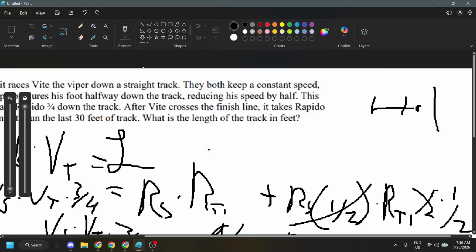When they cross, we know two things. We know the distance is the same, and we know that the time is the same for the two. So let's say we have crossing time times Viper speed.